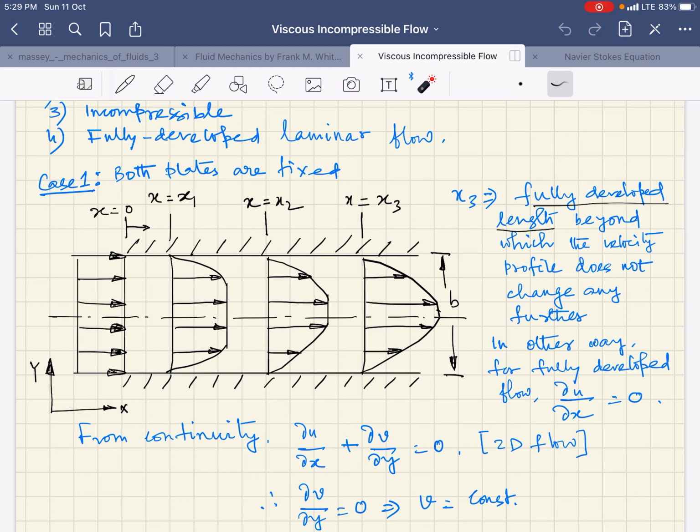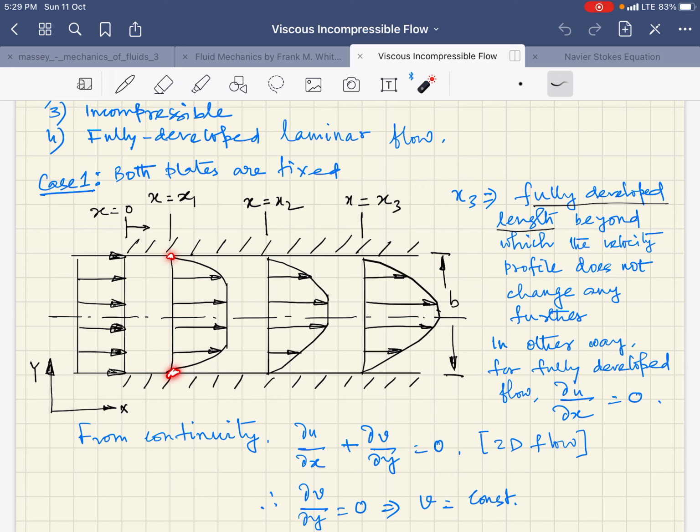So when the fluid particles come in contact with the solid boundary which is fixed, they will try to adhere, or try to attain the velocity of the solid boundary itself, what we call the no-slip condition. Due to that, at this boundary the flow velocity will become equal to 0.